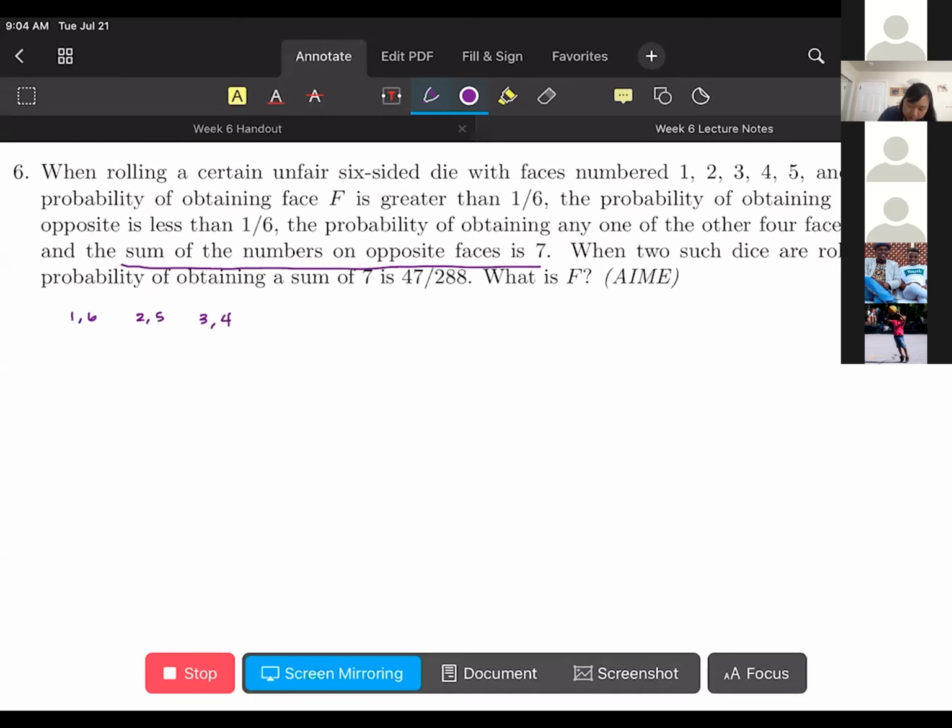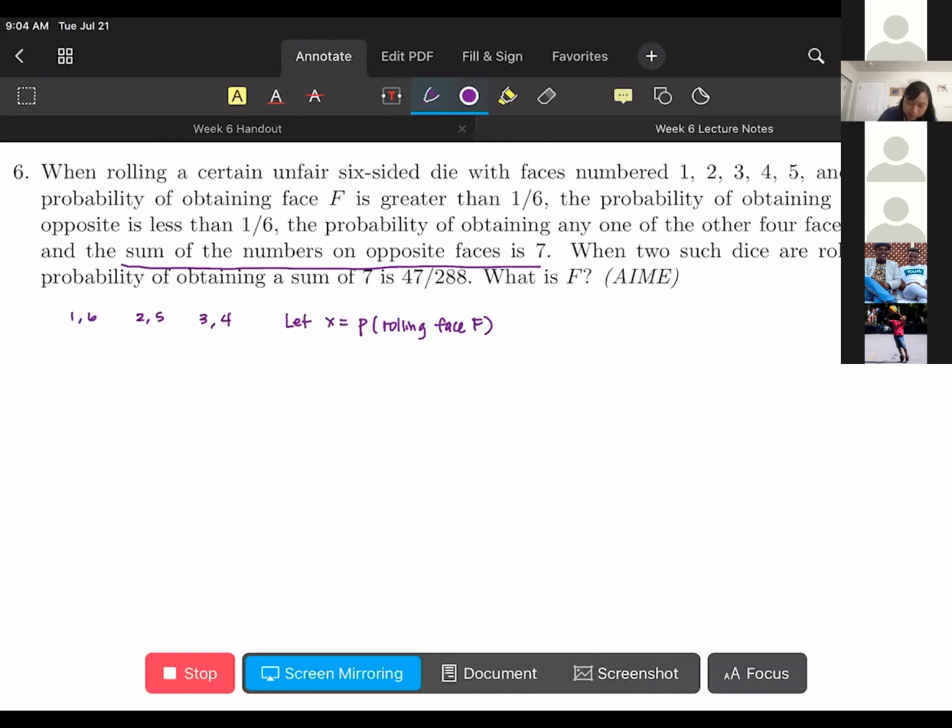Let X equal the probability of rolling face F.